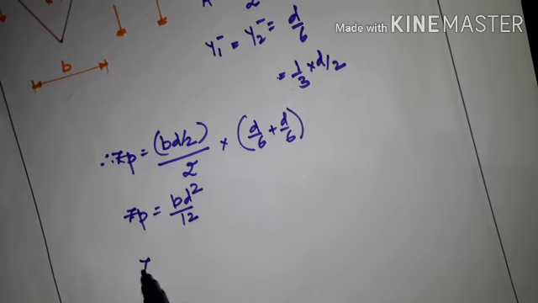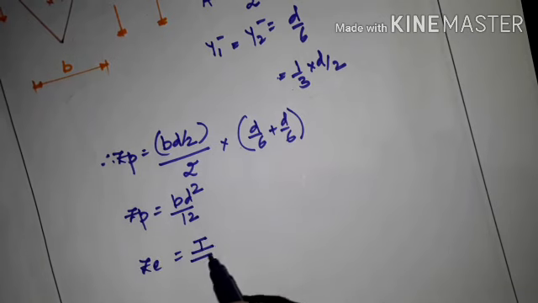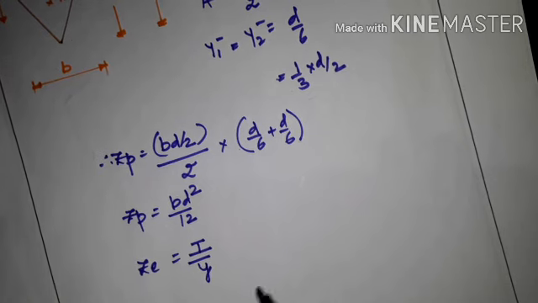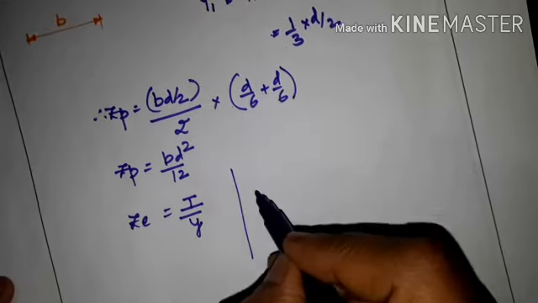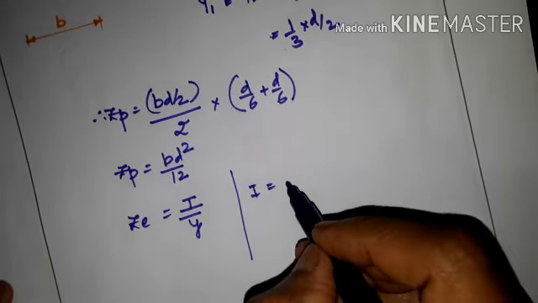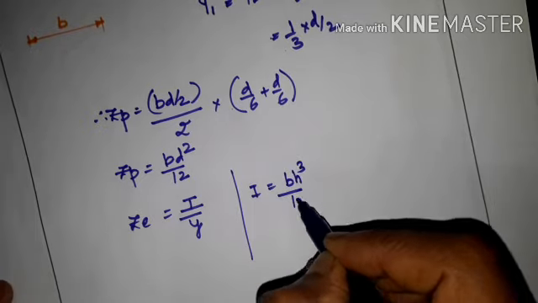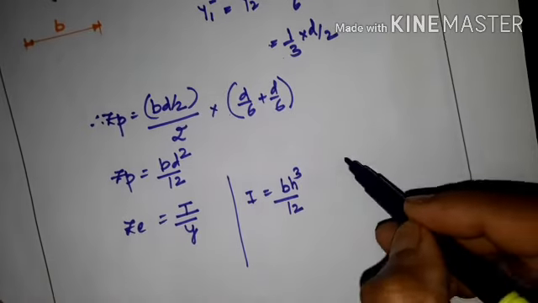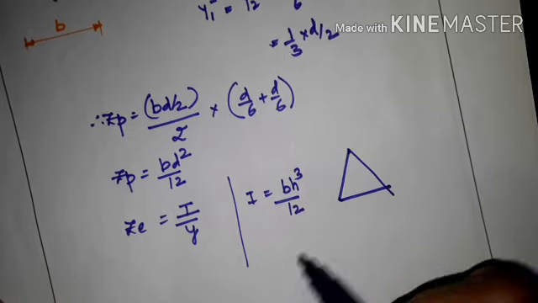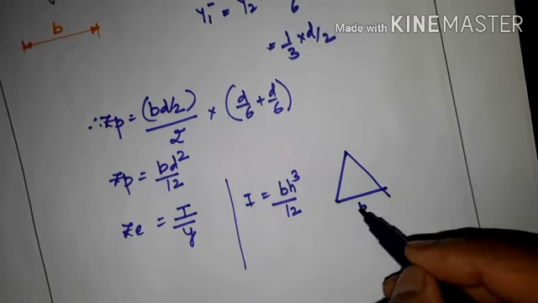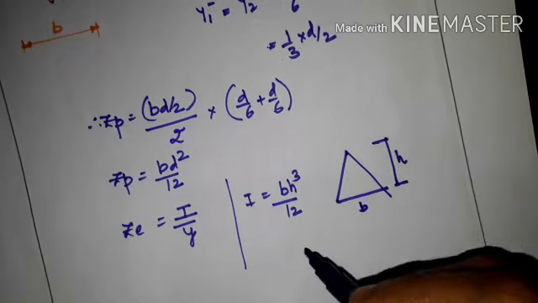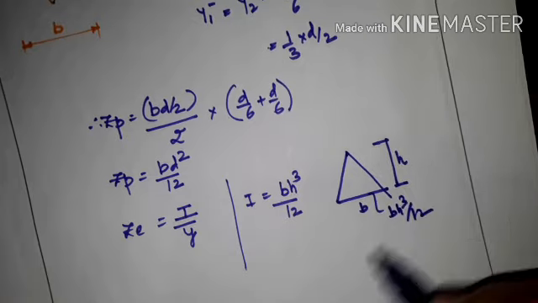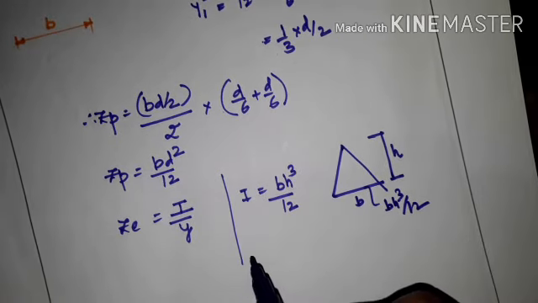Now ZE. So what is ZE? Again I by Y. Where I is from the base. Okay, so I'll write here. Suppose this is B, this is H. So the I with respect to base is BH cube by 12.